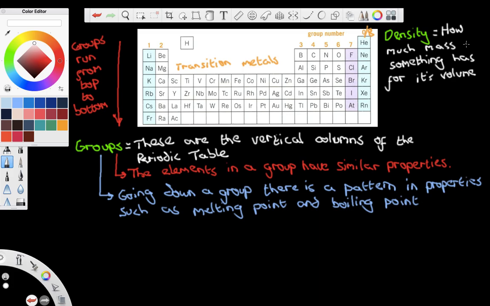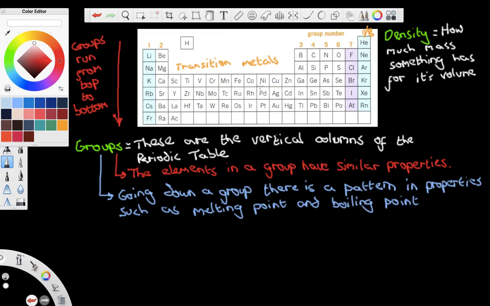Okay? So the elements in a group have similar properties, and as you move down a group, these properties will show a particular pattern. So for example, reactivity increases, reactivity decreases, melting and boiling point decreases, melting and boiling point increases.